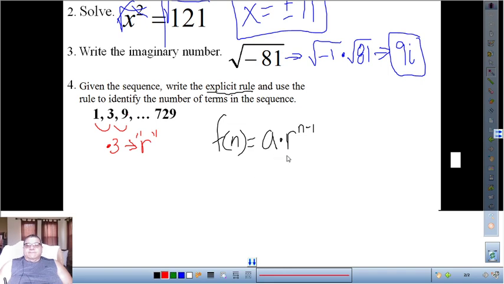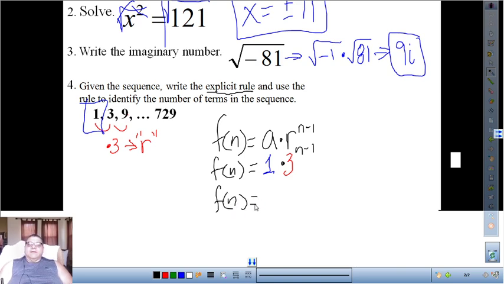That goes right here. And what is our a? Our a is our first value, which is 1 for the first term. And then we end up with f of n equals 1 times 3 to the n minus 1. Whatever we get here, we're multiplying times 1, so do we need to write the 1? No. So f of n equals 3 to the n minus 1.